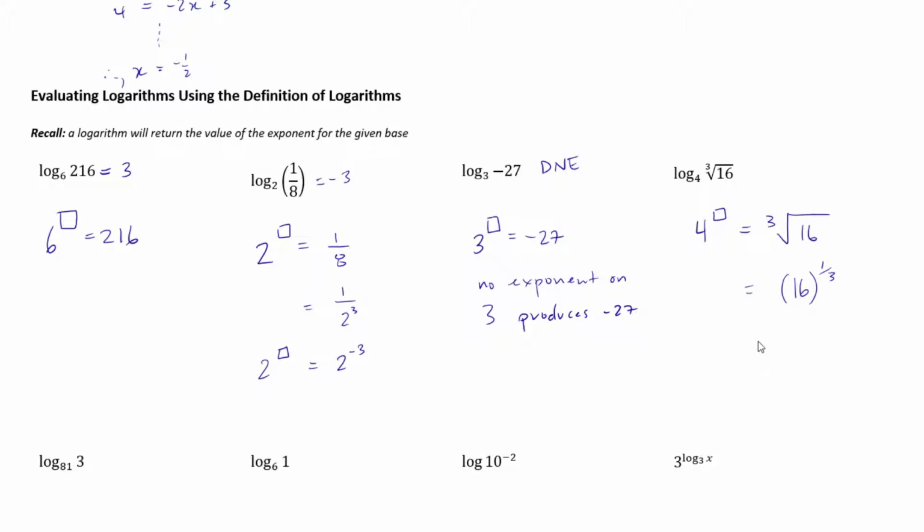And 16 is just 4 squared, to the 1 over 3. So that's basically 4 to the power of 2 over 3. So 4 raised to what power gives you the cube root of 16? Well, that's equal to 2 over 3.